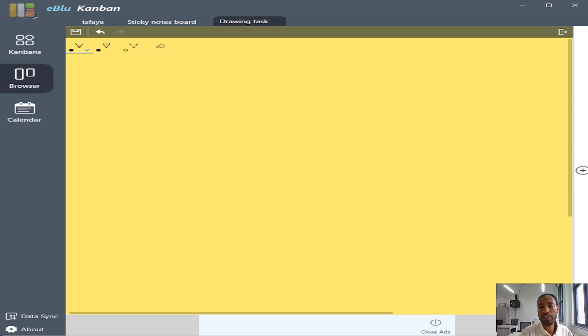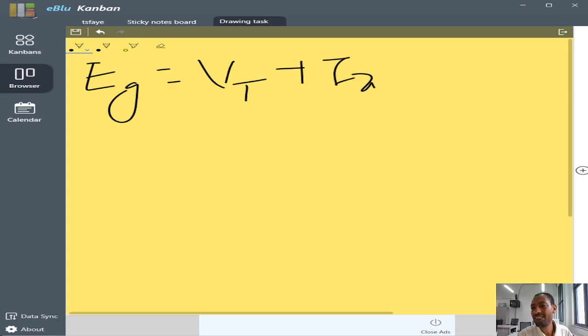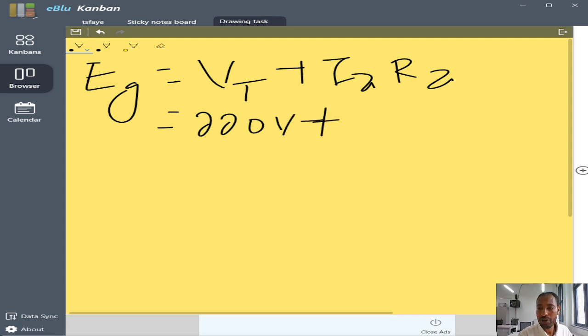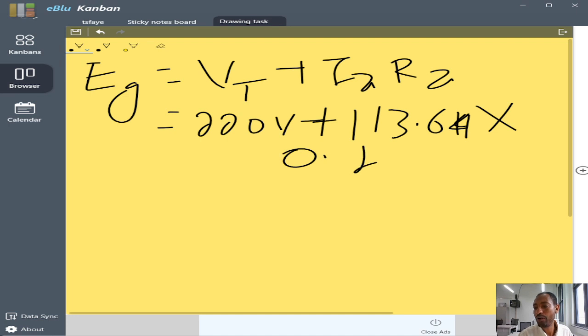So what is EG? Internally generated voltage. From the equation we know it is VT plus IA RA. Now we know VT, how much it was? 220 volts plus IA, how much we got? 113.64 times what is RA? 0.1.